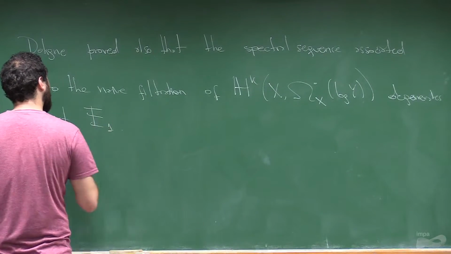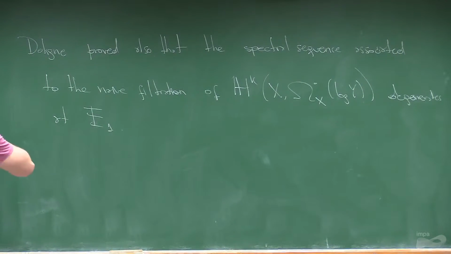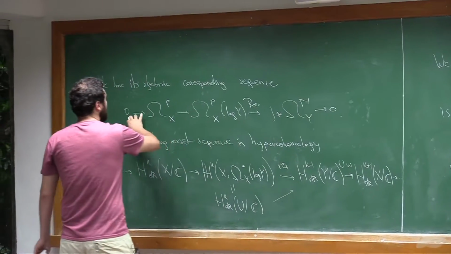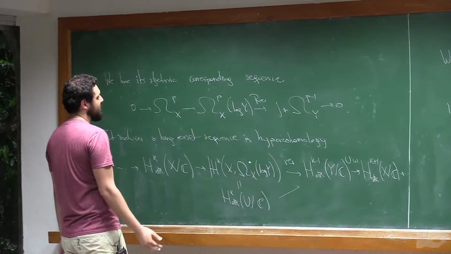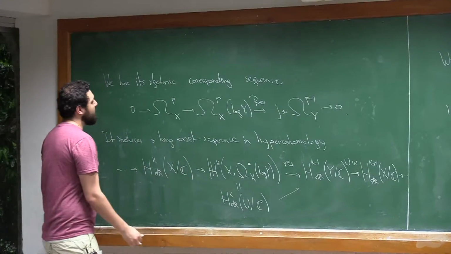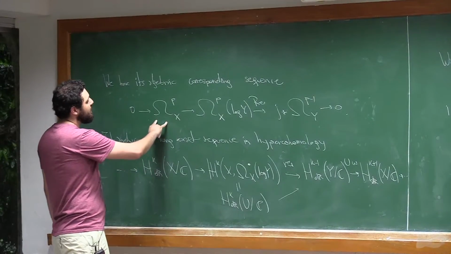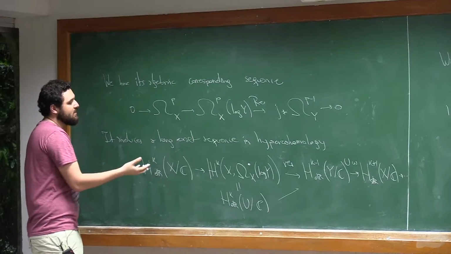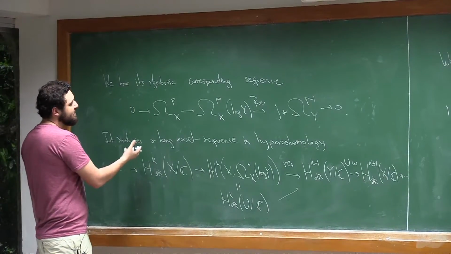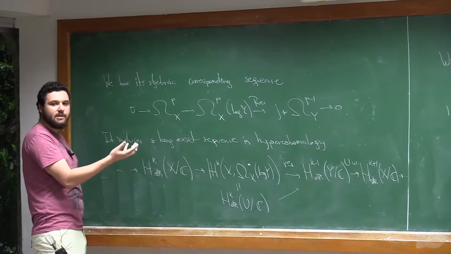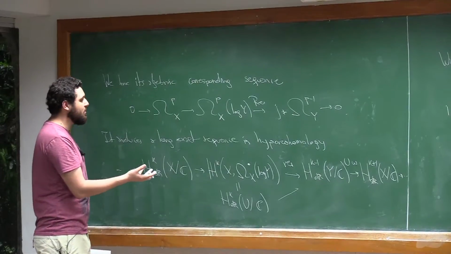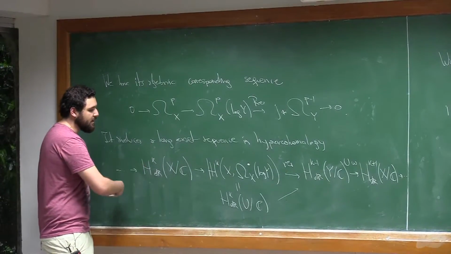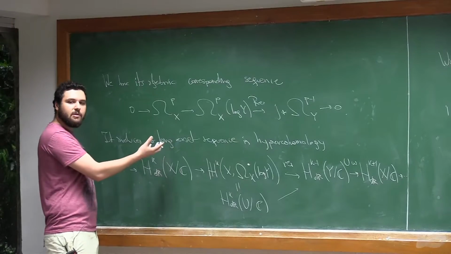Okay, and so in particular, whenever we have this short exact sequence of algebraic coherent sheaves, we can use it to produce a short exact sequence of complexes, but of truncated complexes, right? And so we can also take the long exact sequence in hypercohomology of truncated complexes.